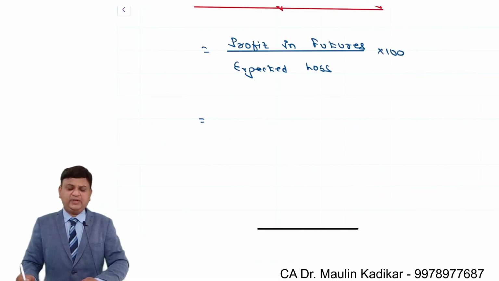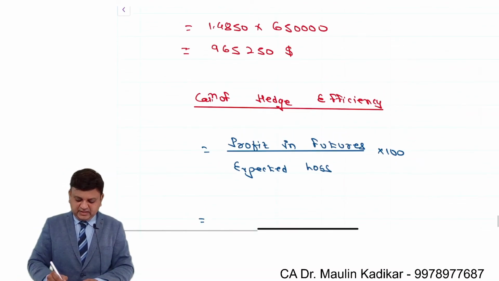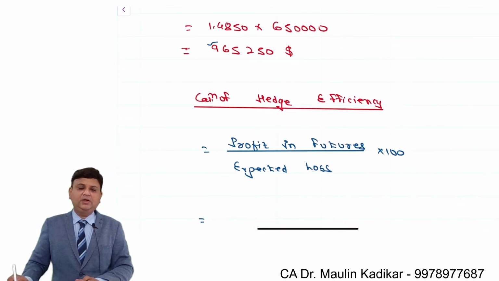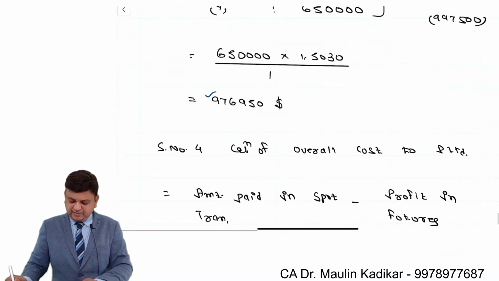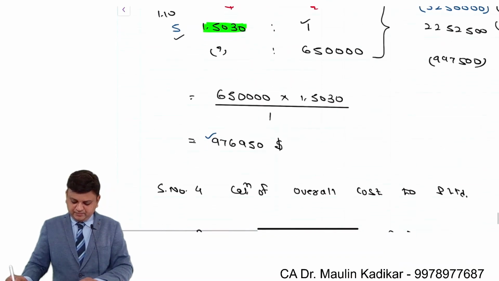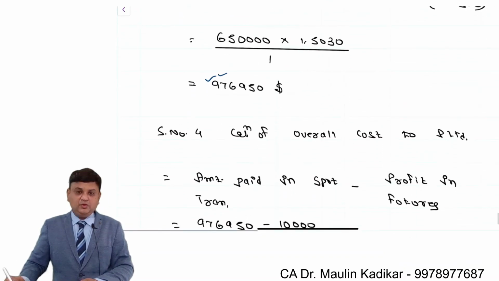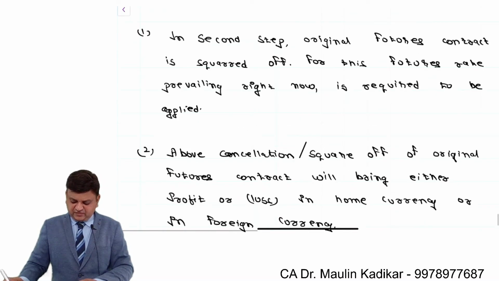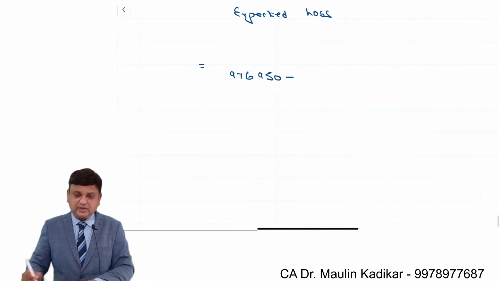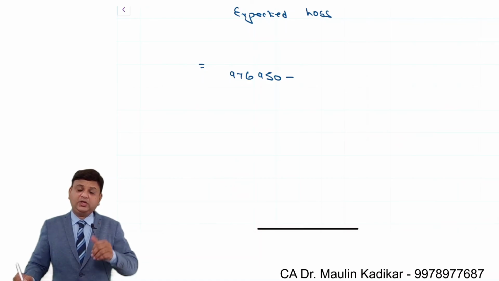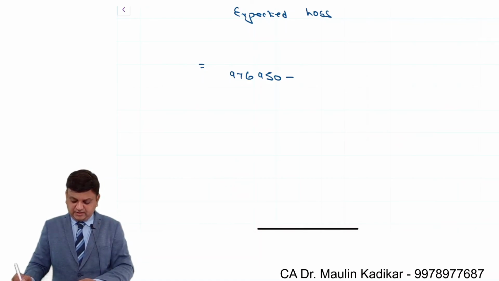So basically friends, we understand that in case of the spot, the amount that you have to pay is 9,65,250 and the amount to be paid using the spot exchange rate on 20th of May is 976,950. This is the amount that you have to pay on 20th of May at the spot rate.